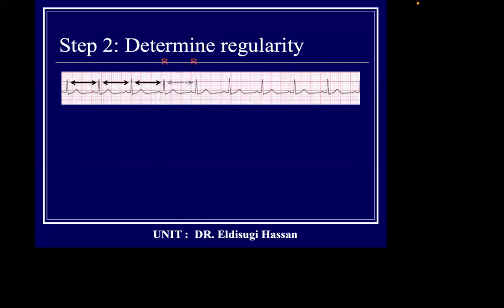So the next step, you determine the regularity. This is how to assess the regularity. You have to map the R wave to the next R wave by taking a pen and a paper, and you mark this is the R wave, and this is the next R wave, and you put it here, and here, and here, and the ECG will be regular for you.